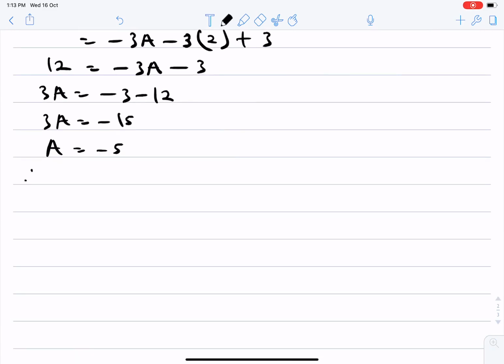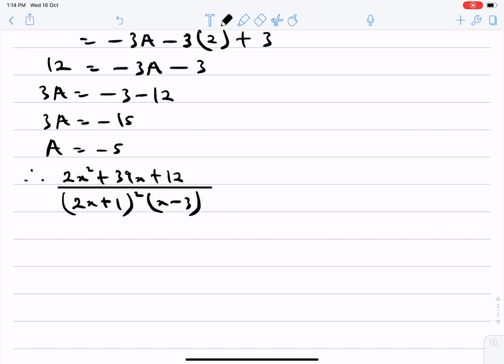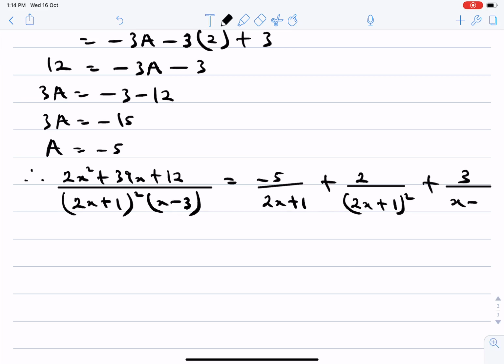So that means 2x squared plus 39x plus 12 divided by 2x plus 1 squared times x minus 3 is equal to a, which is minus 5, over 2x plus 1, plus b, which is 2, over 2x plus 1 squared, plus c, which is 3, over x minus 3.